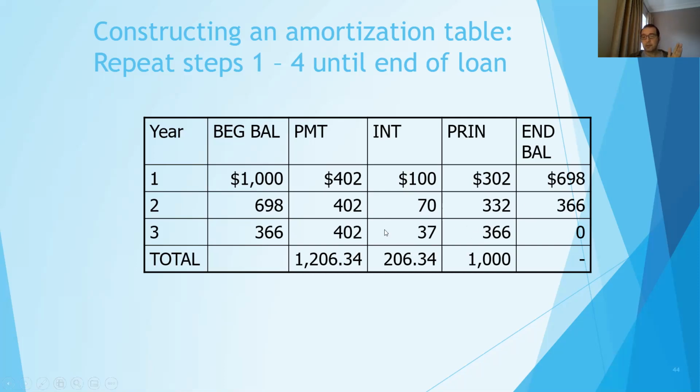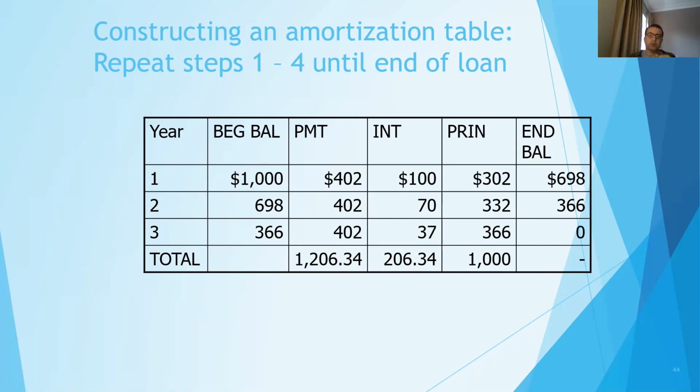Apply the same process, and as you have seen, the 1,000 principal will be paid. The interest payment is 206, and altogether 1,206.32 will be paid, right?